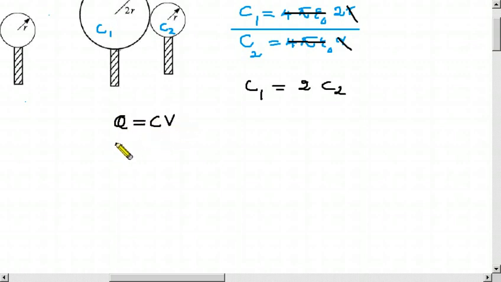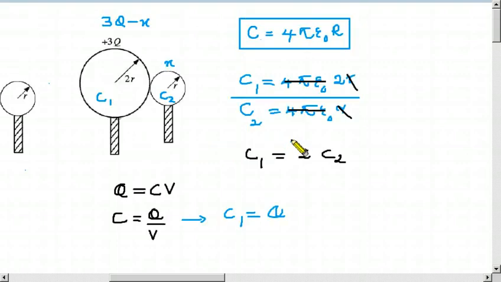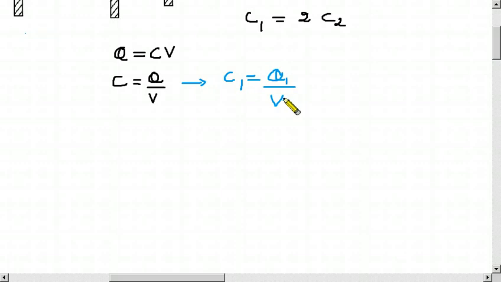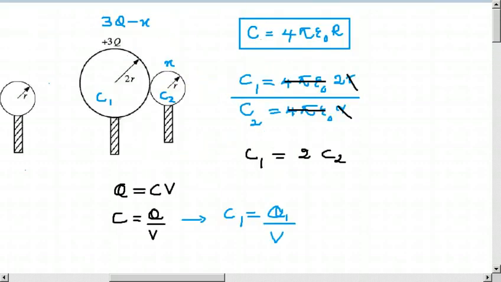Isolating C, we get C equals Q divided by V. So if we write this equation for the first one, the bigger one, C1 equals Q1 divided by V. V is not V1 and V2, because the potential after touching is the same. So V is the same here.